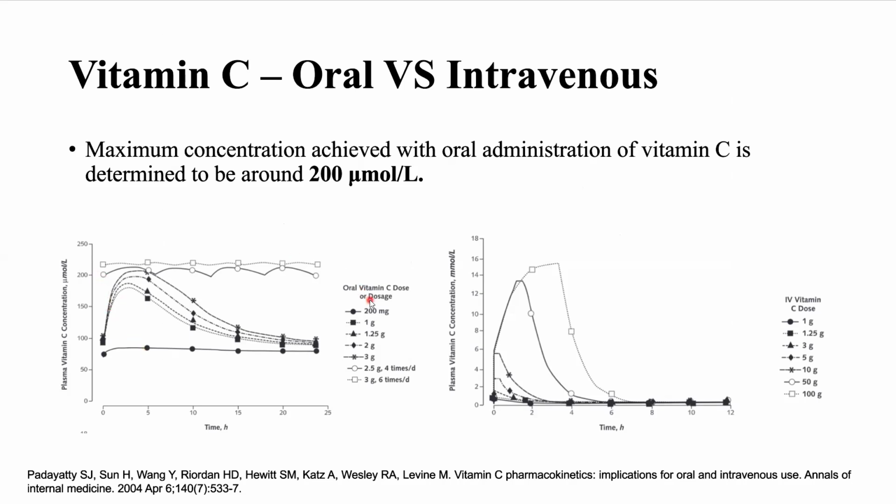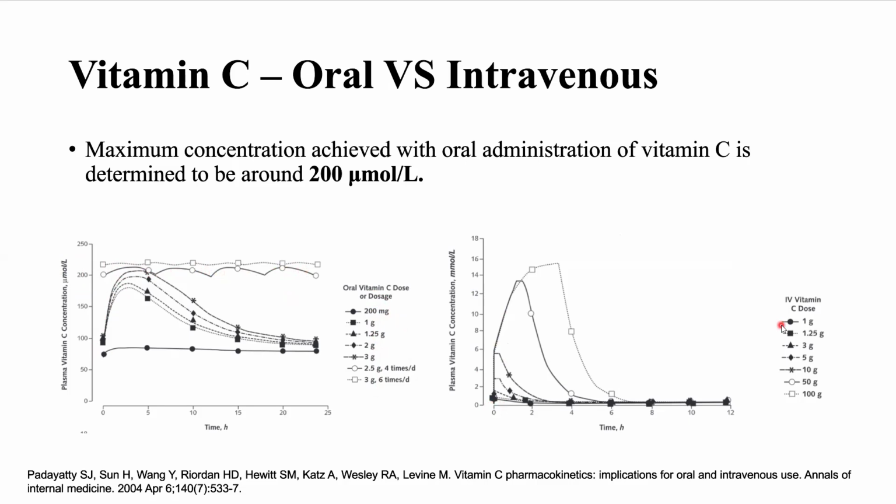Over here, you can clearly see that they were giving an oral dose and increasing the dose. However, when they increased the dose, the concentration in the plasma remained constant. It did not exceed around 200.